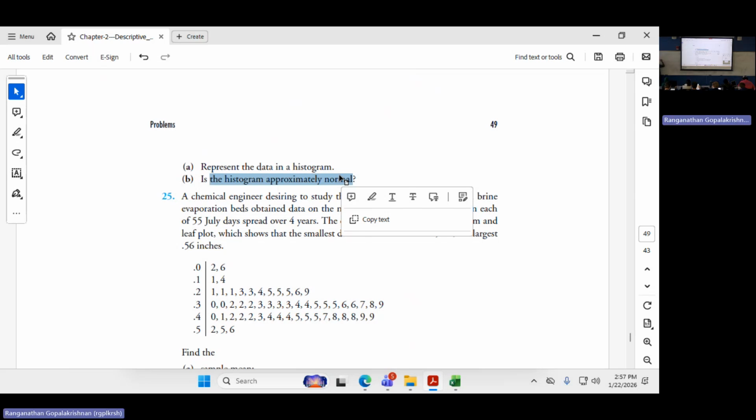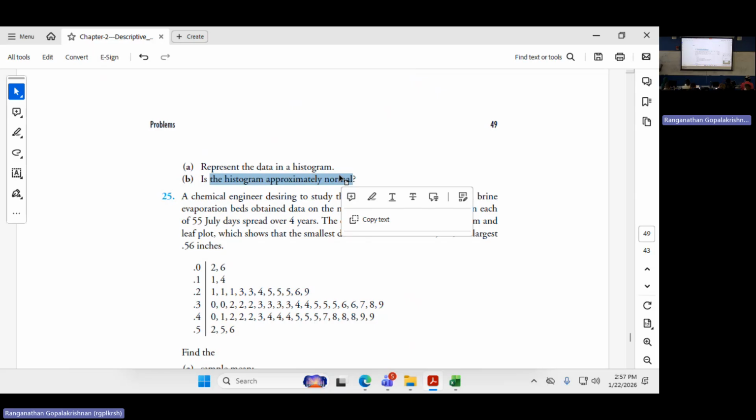So remember this bell curve, okay? Remember this bell curve. And then draw a line. This is your mean, okay? And let's say you take one standard deviation, x bar plus s and x bar minus s.